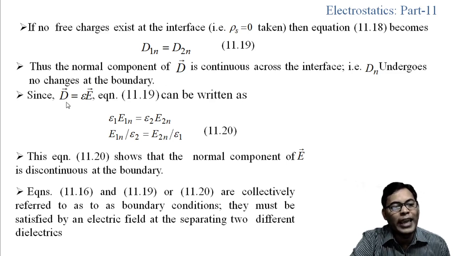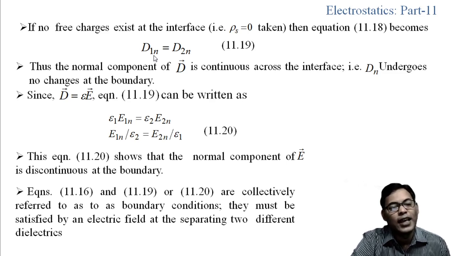Now we know again d equals to epsilon e. So if we have d1n equals to d2n, that can be written as epsilon 1 e1n equals to epsilon 2 e2n. So you can see that e1n by epsilon 2 equals to e2n by epsilon 1, or you can consider the first expression also.